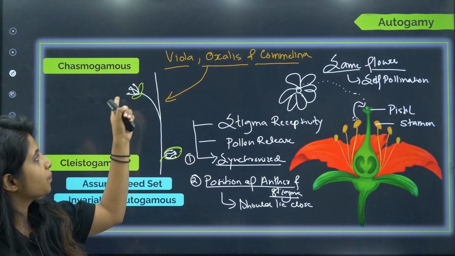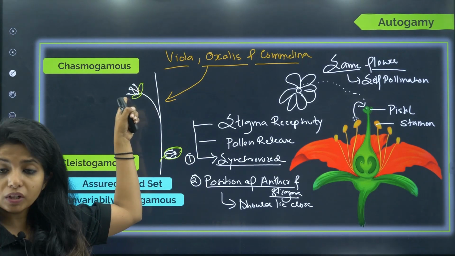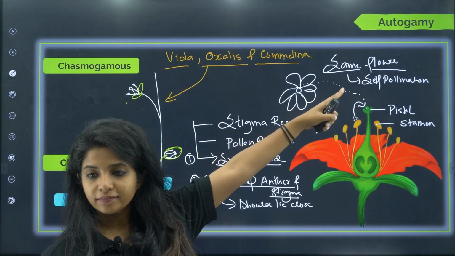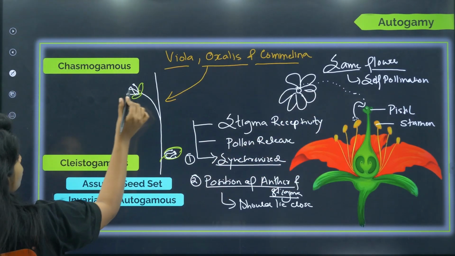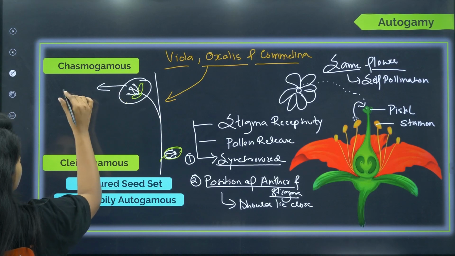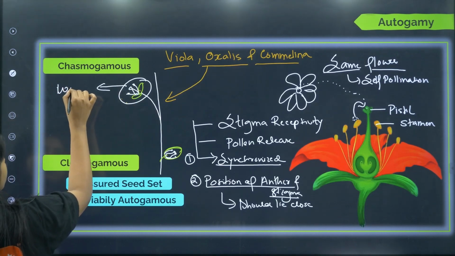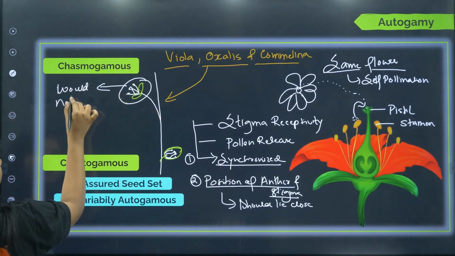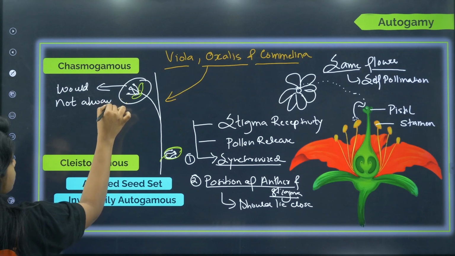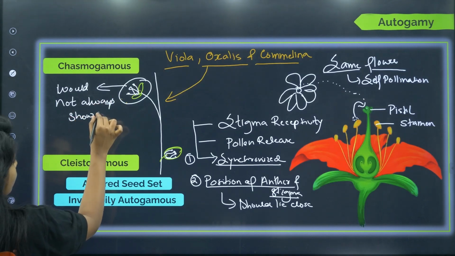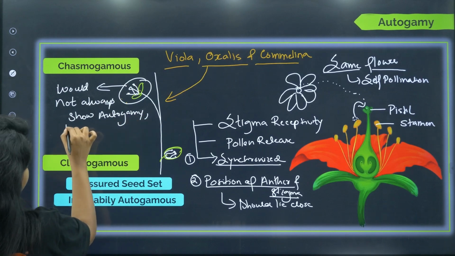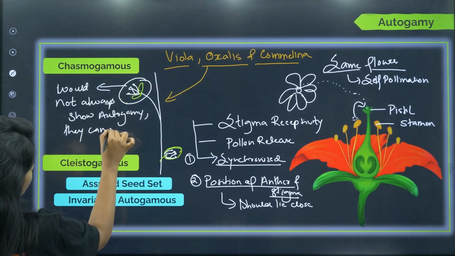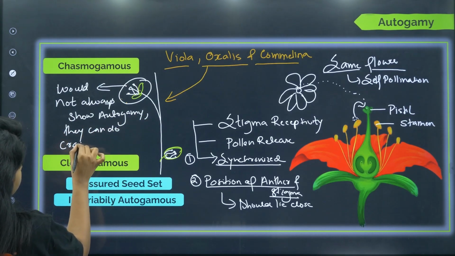Okay. Now, you say in chasmogamous flowers, will they always show autogamy? No, these flowers would not always show autogamy. They can do cross pollination as well.